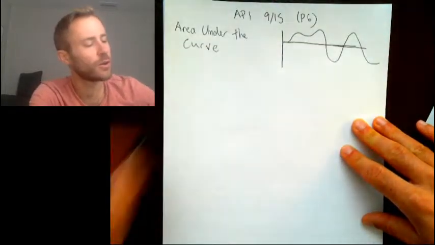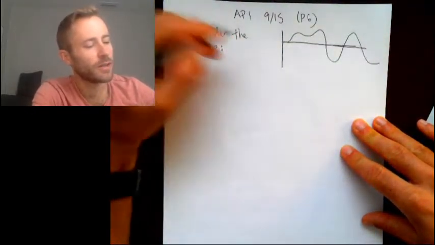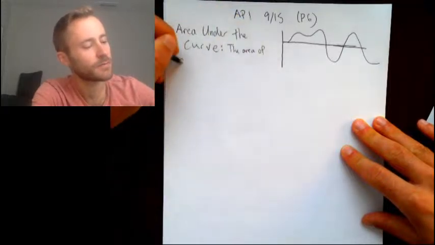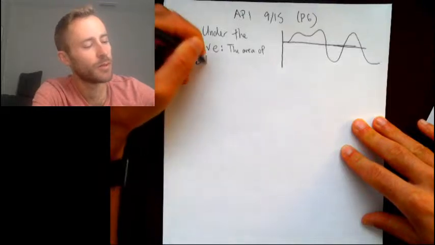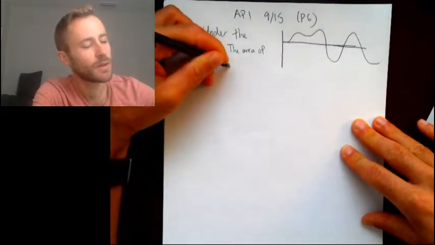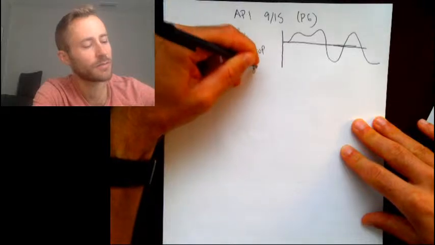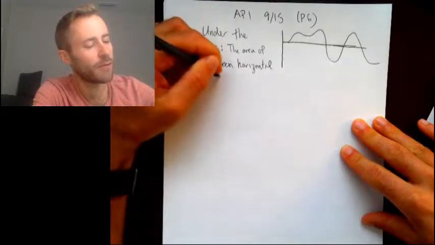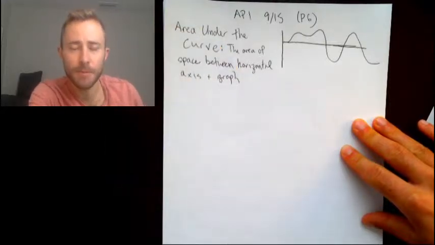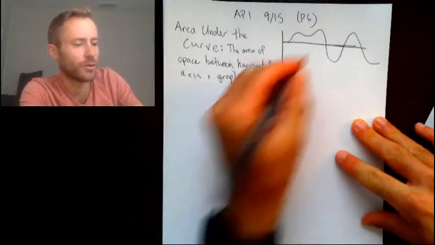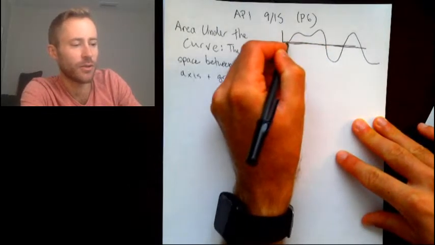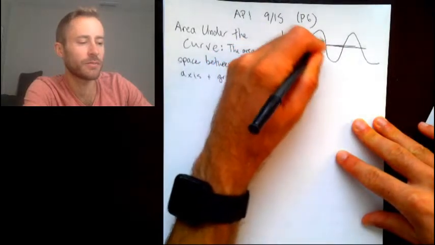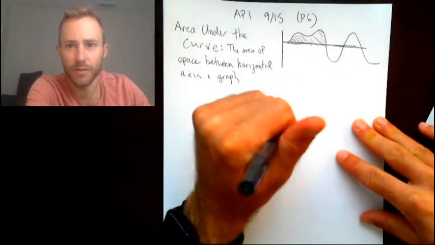Okay, so the area under the curve is the area of the space between the horizontal axis and the graph. Okay, so here's the horizontal axis, here's the graph. So the area between the two would be the area of this space. Okay, the area of that space.